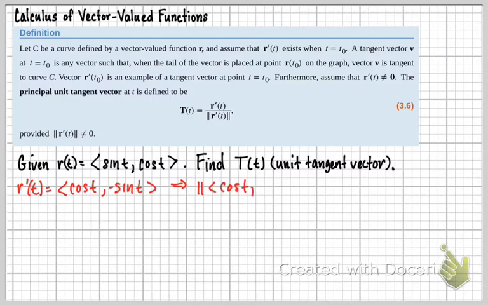So it's cos of t and then negative sine of t. And then that means we're going to get the square root of cos squared t plus negative sine of t squared.